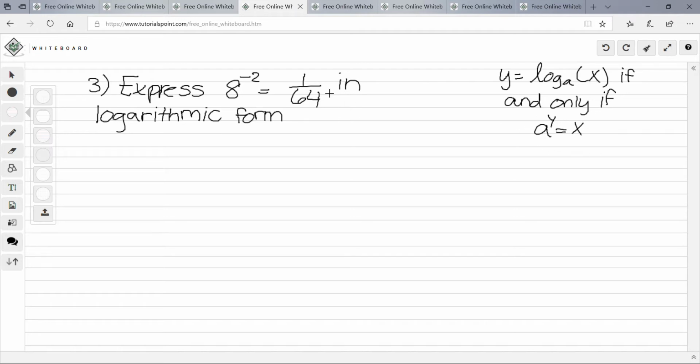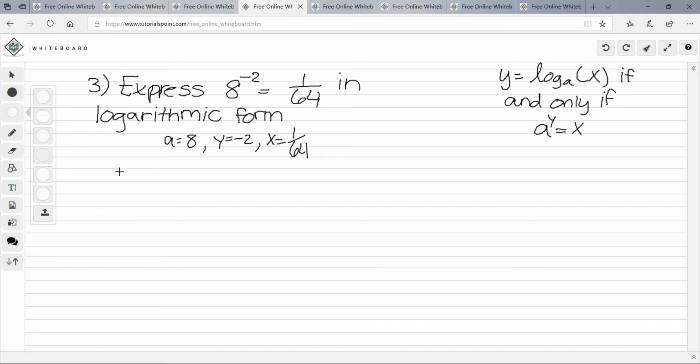So this looks like this. What would our a be? Our a would be 8, right? And our y is -2. And our x is this whole thing, 1/64. So once we found our a, y, and x, we put it in this form: y equals log base a of x.